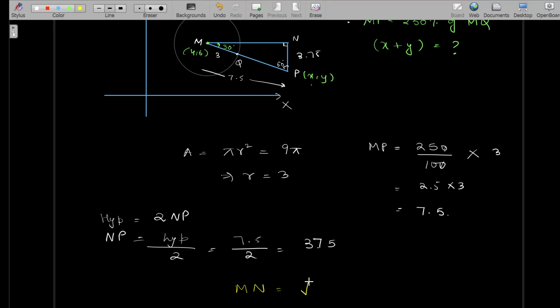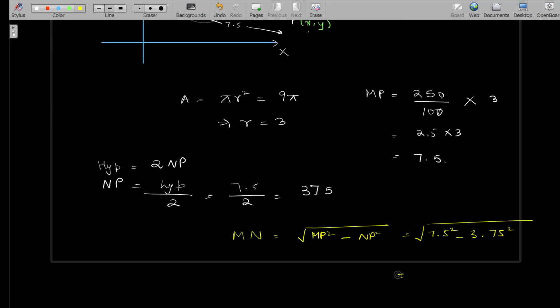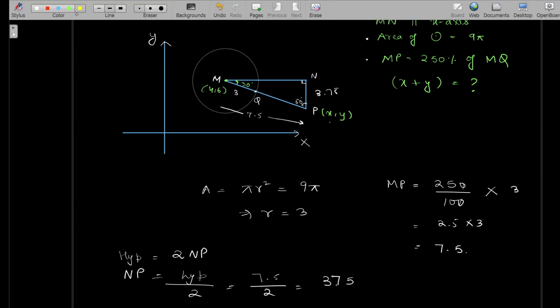MN is equal to the square root of MP squared, the hypotenuse, minus NP squared. So MP is 7.5, so 7.5 squared minus 3.75 squared, and you can use your calculator to solve this and you will get the square root of 42.1875.